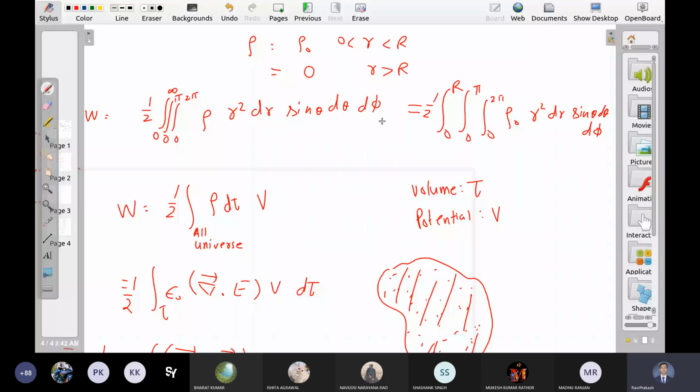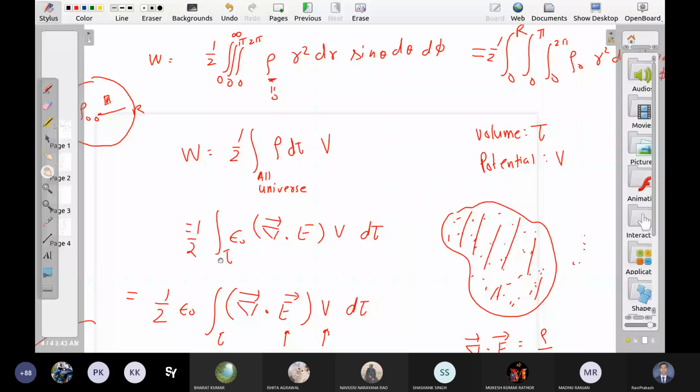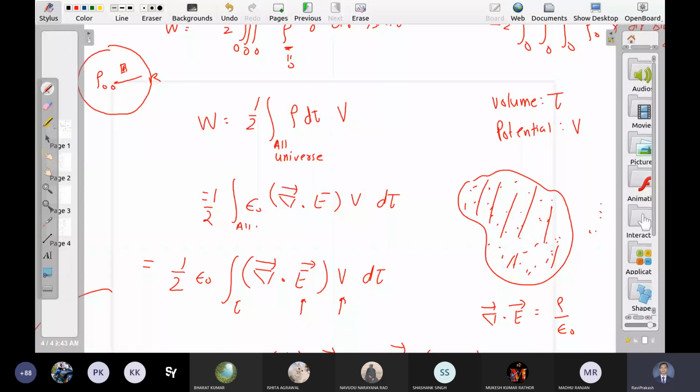So I can also integrate over the whole universe because there is no charge outside. There is no charge here. Rho is 0. So my answer is not going to change. So instead of this volume, I can also integrate over the whole universe. In free space this integral is 0.